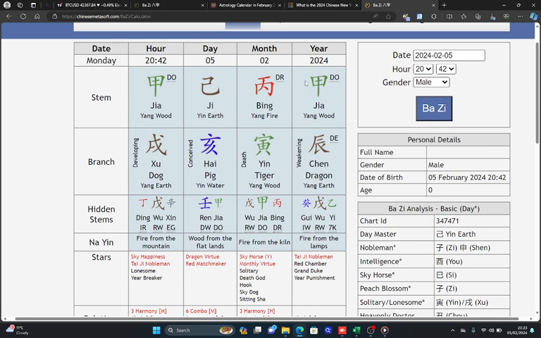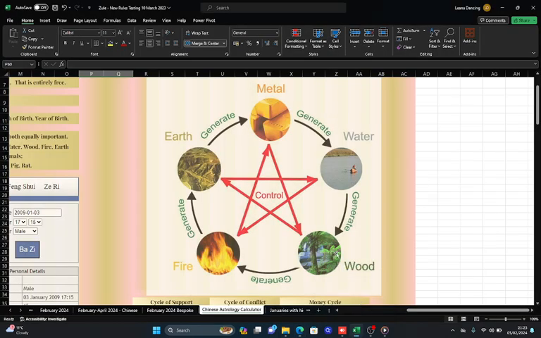Have a look at these heavenly stems and check where they are in that cycle of support. So first of all, you're looking at whether the elements that your element is exploiting are available this year. The elements that are available this year are wood and earth.